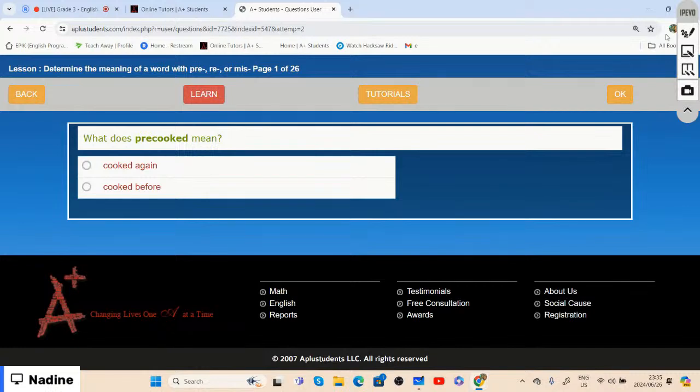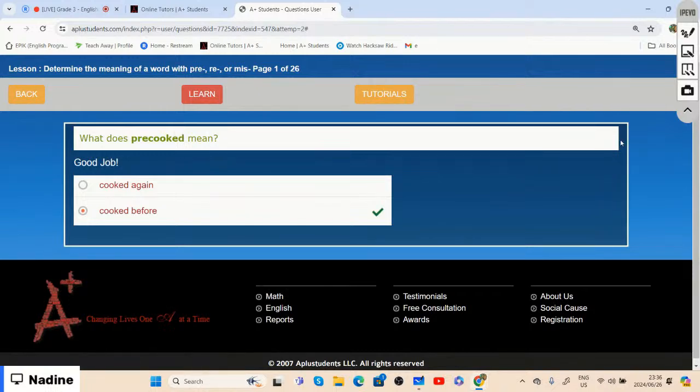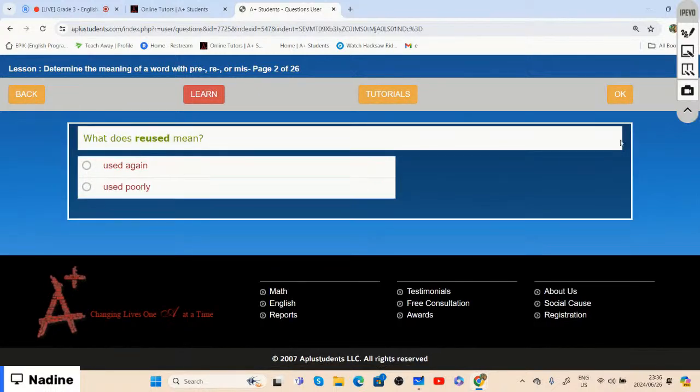I'm going to say again, the prefix pre means before. So if we say precooked, we are going to go with what Adebayo says, option two, because we cooked before. Re means again. So precooked means cooked before, which is option two. So well done for option two.